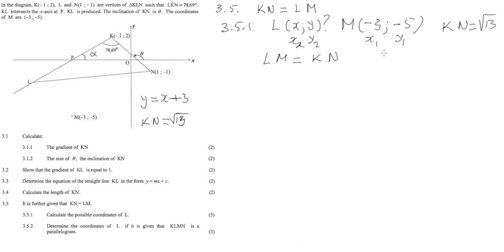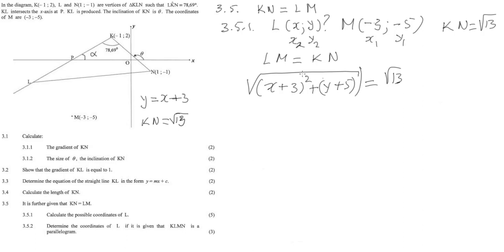So there we go. Let's use the formula here. Square root of x2, which is x here, minus x1, which is minus 3, so plus 3, all squared, plus y2, which is y, minus minus 5 will be plus 5, all squared, equal to square root 13.